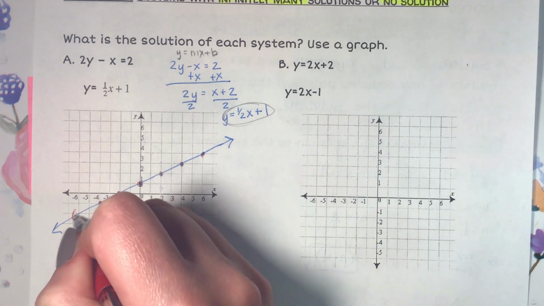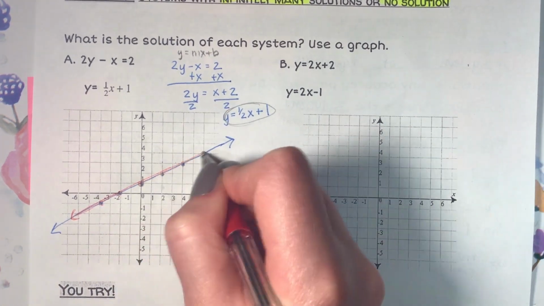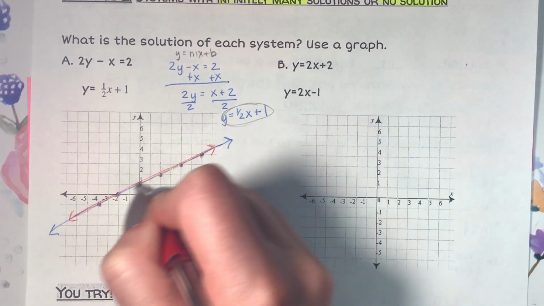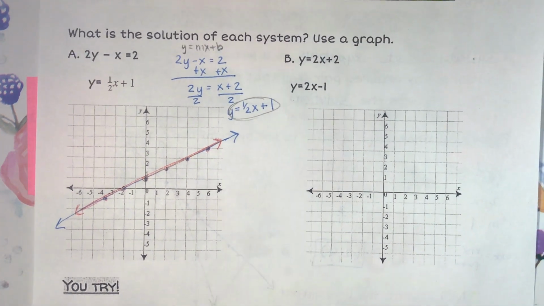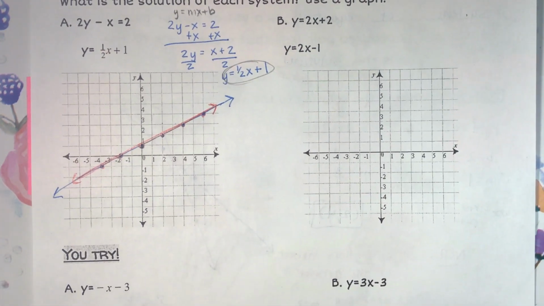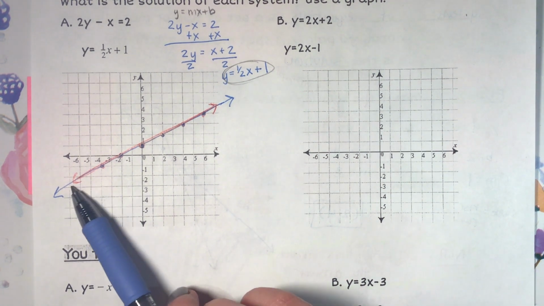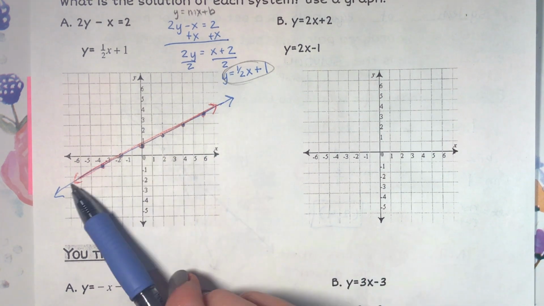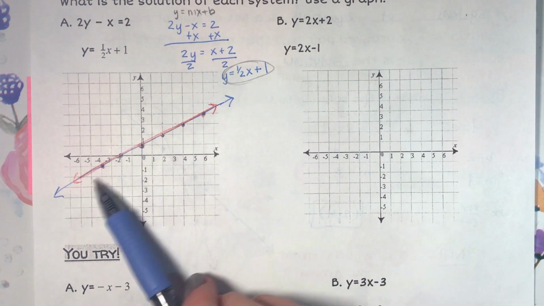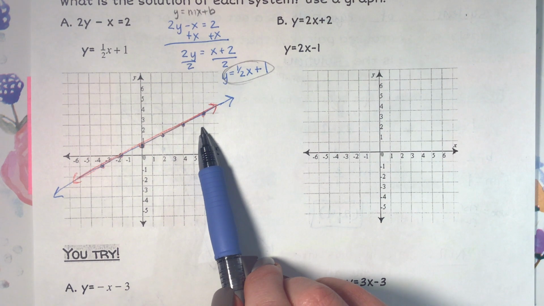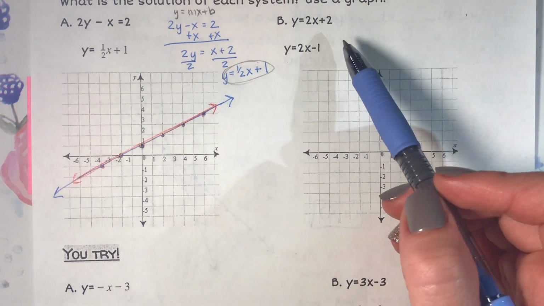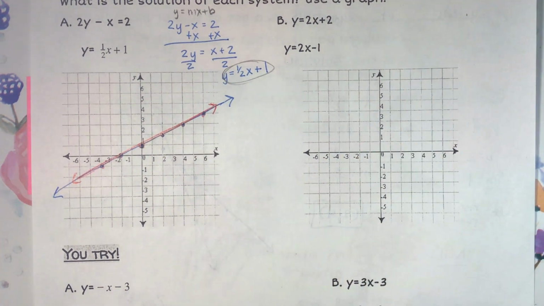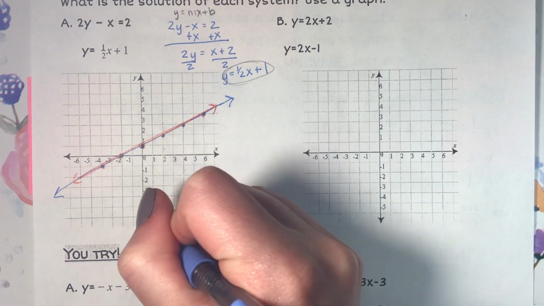So my other line literally falls directly on top of it. When I have two lines that are perfectly on top of each other, when they are the same equation, we have to ask ourselves, well, where are these lines touching? Where they intersect is the answer. There's intersecting everywhere. So that means infinitely many solutions.